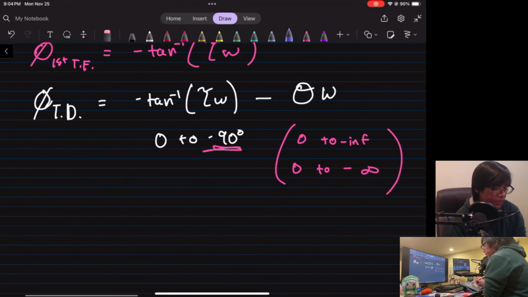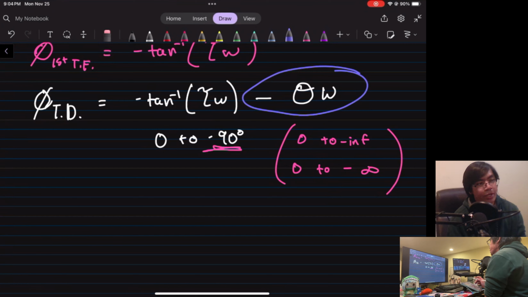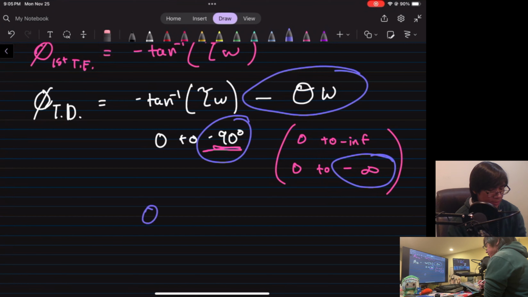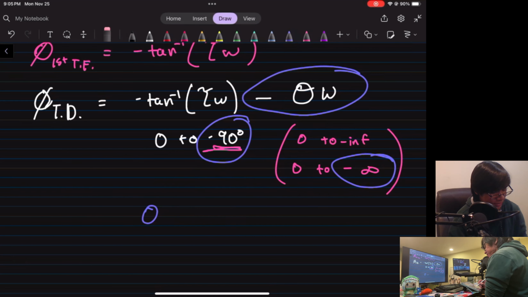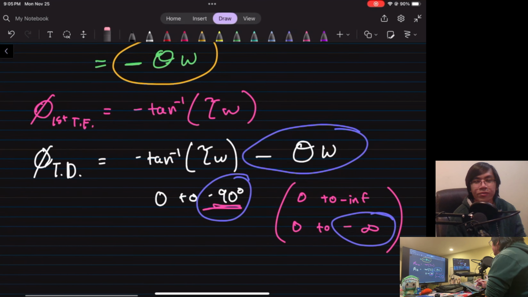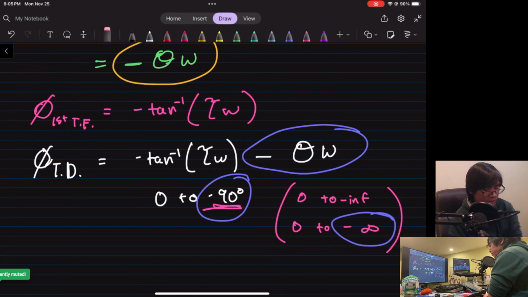However, now with this negative theta omega term, we're not stopping at negative 90 degrees. We actually stop at negative infinity. So it'd be like negative 90 minus infinity. We're going to negative infinity no matter what. So now there's a possibility for this first order transfer function multiplied by a time delay to become unstable, since now we can reach negative 180 degrees with this negative theta omega.